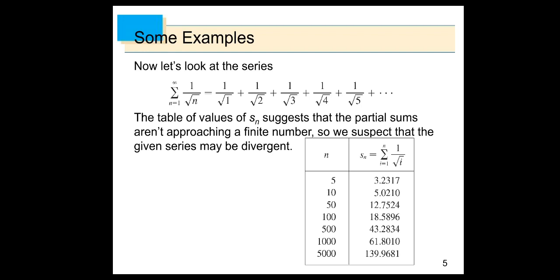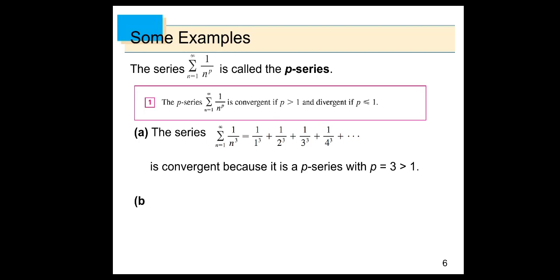Here we have the A series, which is 1 by 1 cube plus 1 by 2 cube plus 1 by 3 cube, and so on. This is a convergent series because it's a p-series with p equal to 3, which is greater than 1.